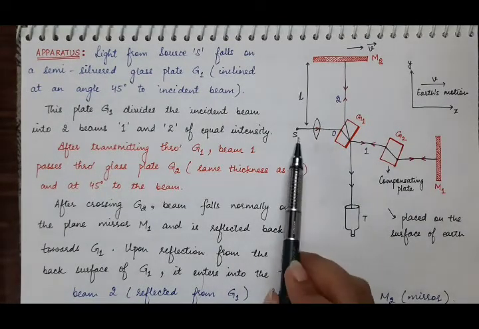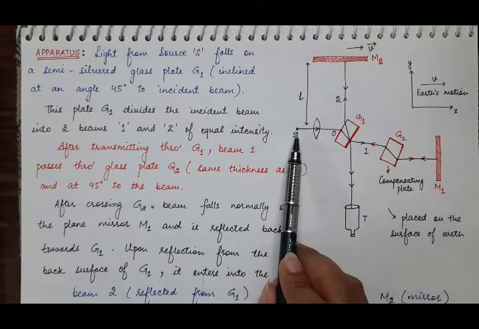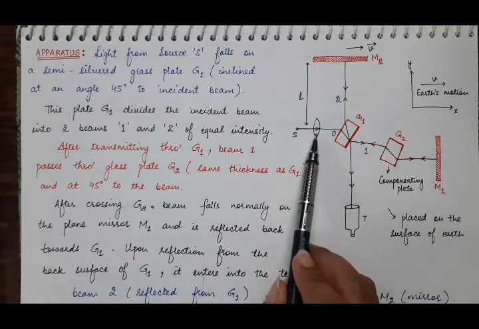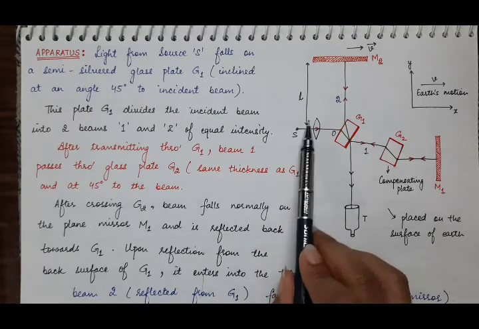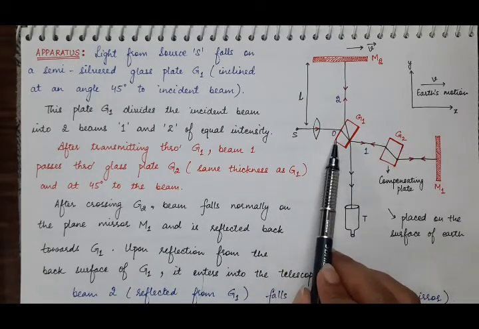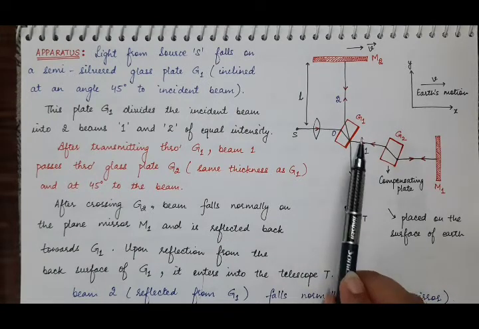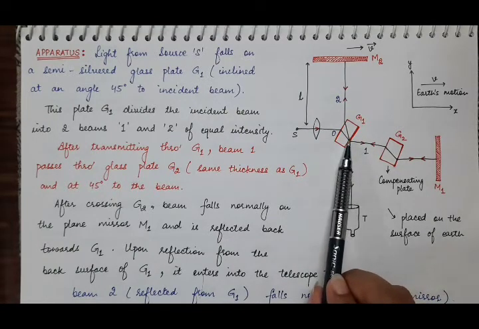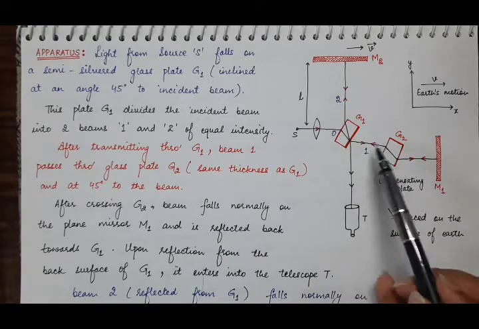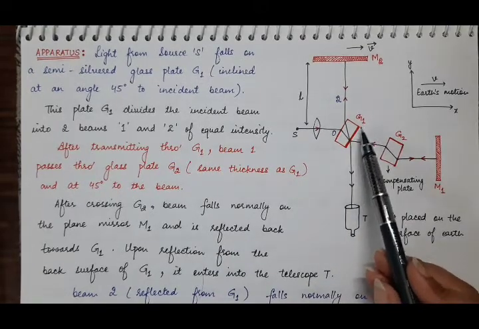First of all, this source of light will continuously emit the beam of light, and it is placed at the focus of this convex lens. So we will get a parallel beam of light. Then this glass plate is partially silvered. Its back surface is partially silvered.